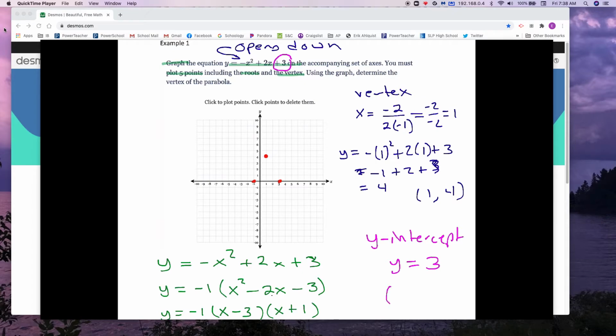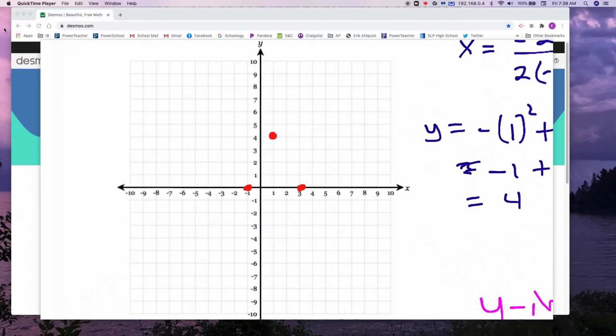So that means the point 0, 3 is also on this graph. Now this is the key thing. If 0, 3 is on this graph, which is right here, in order for this parabola to be symmetrical, then this would also have to be a point right there. Now if we plot that, our parabola would then look like that.